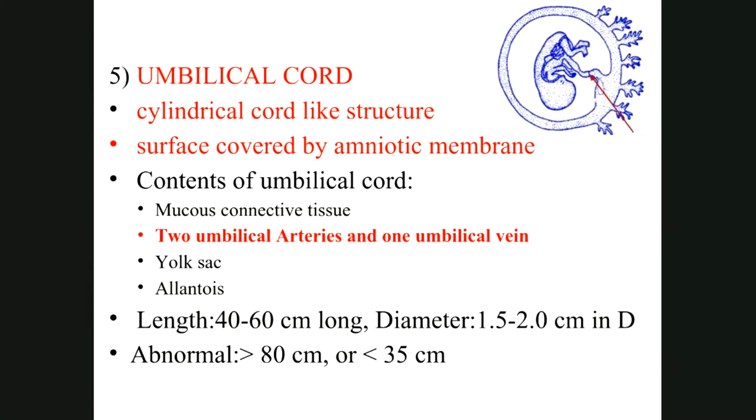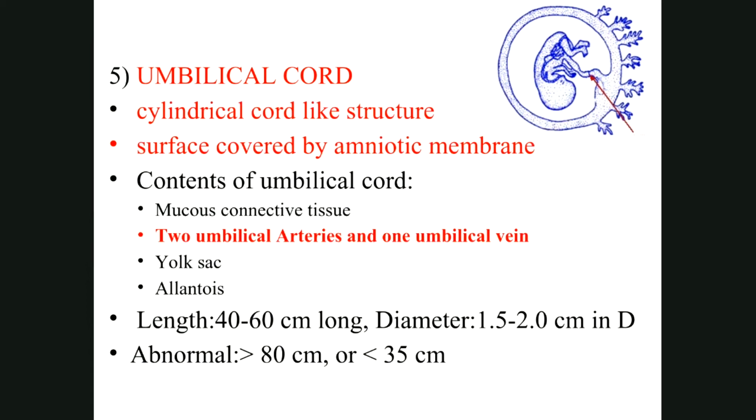Because the length is more and the fetus is floating in the amniotic cavity, the umbilical cord can wrap around the neck of the fetus and strangle it. When the baby is being delivered, it may strangulate the neck and the baby may die.